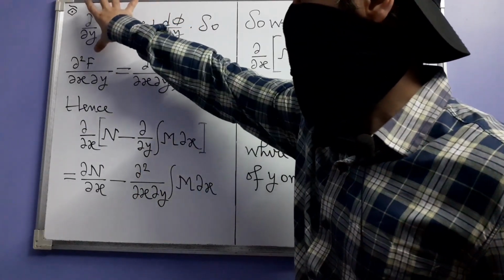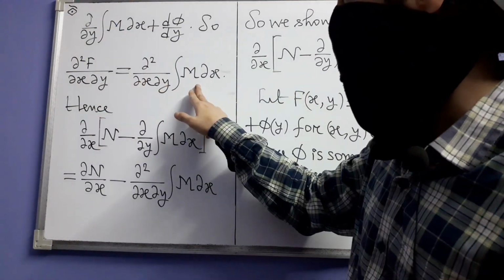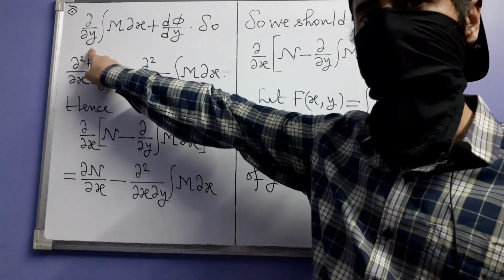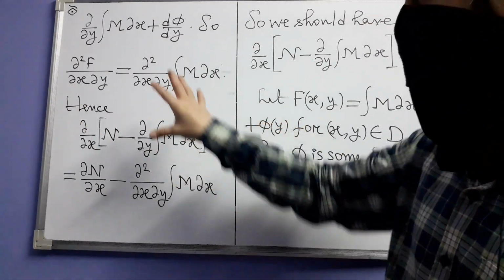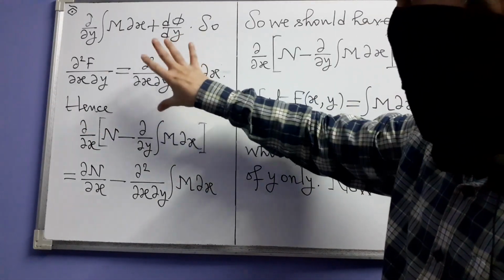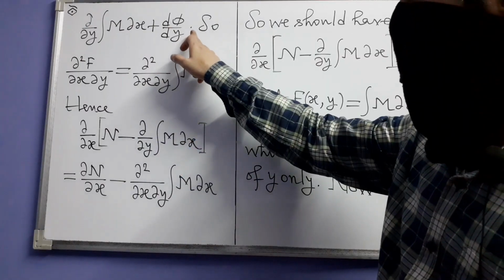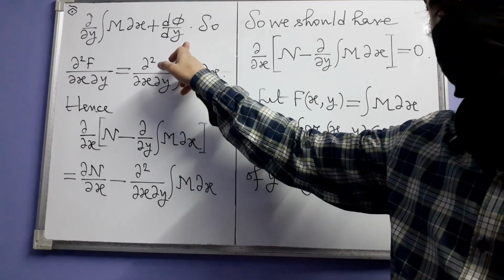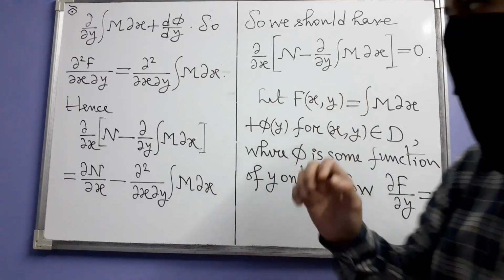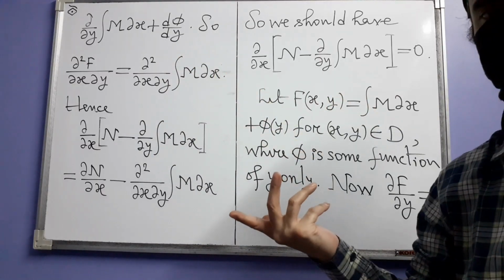The first term will turn into this, because already there is a partial derivative with respect to y, and then again you are differentiating partially with respect to x. So this is okay. But this is again a function of y only, so differentiating it partially with respect to x gives you 0. So after this there is nothing.